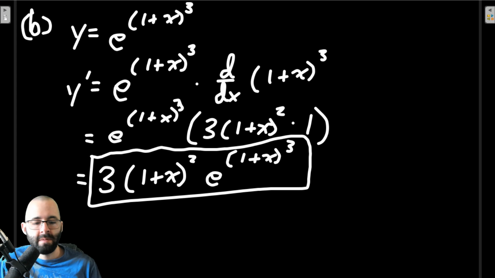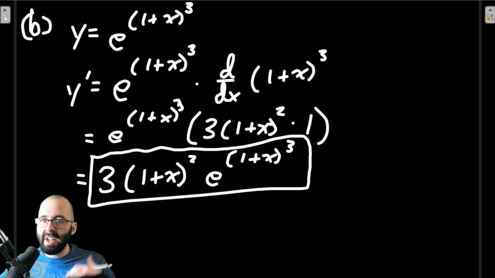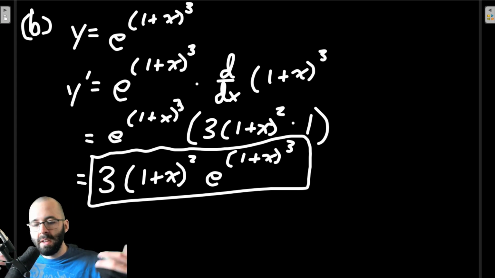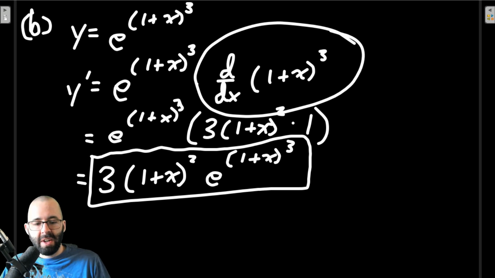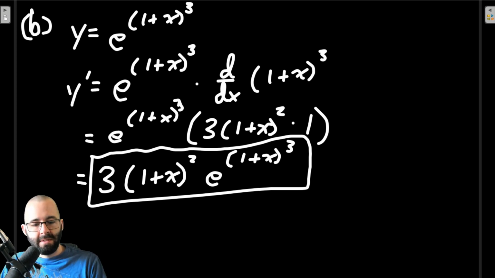Like so. Derivative of an exponential function is itself. You may have to use the chain rule and multiply by the derivative of the exponent, the inside of the exponential function.